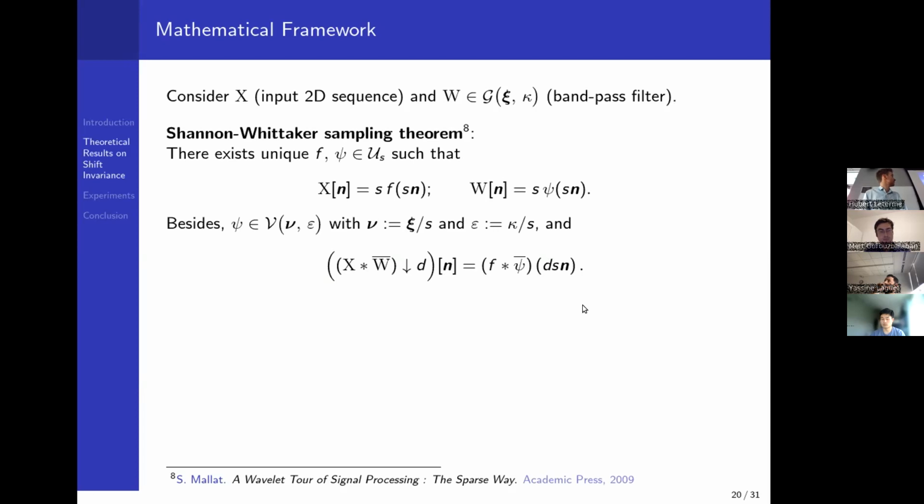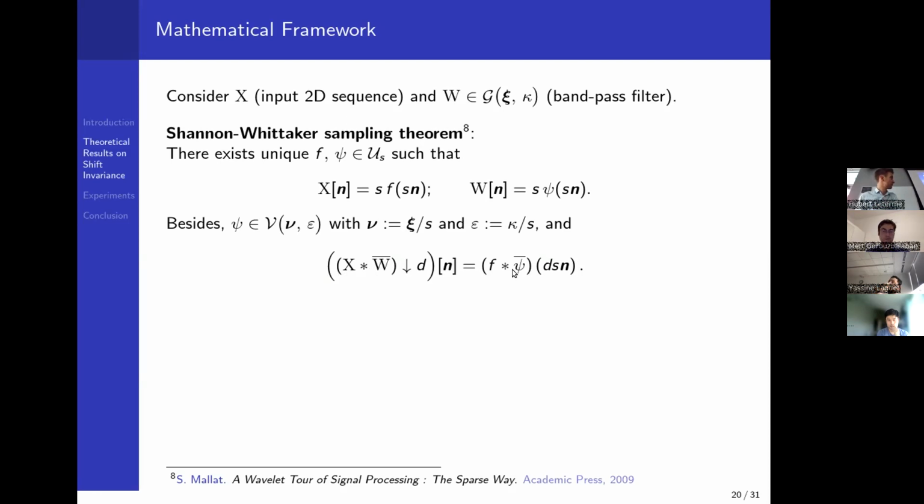So the Shannon-Whittaker theorem states that there exists a unique function f and filter psi, from which x and w are uniformly sampled, such that the discrete and subsampled convolution of x with w is equal to the continuous convolution of f with psi.